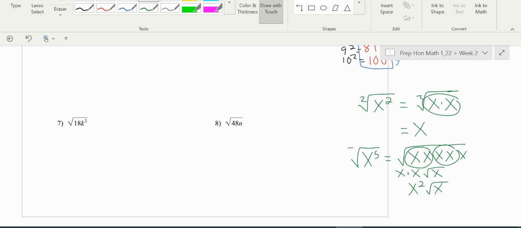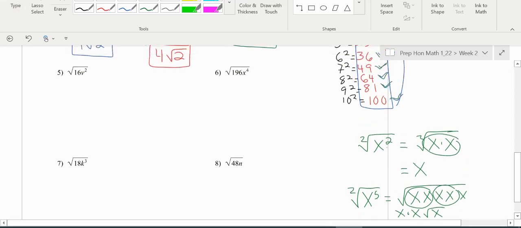But really, it's the same as dividing the exponent by 2. So 5 divided by 2, you would get 2 with a remainder of 1. So the leftovers are in there. So you're going to find that when it's a square root, they're all positive exponents. When it's an even exponent, you're not going to have anything left in the radical. But when it's an odd exponent, you're going to have a remainder.